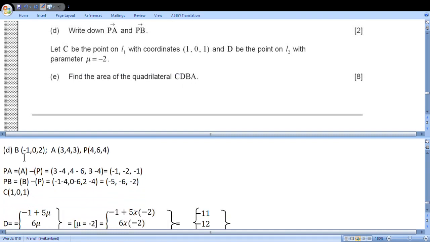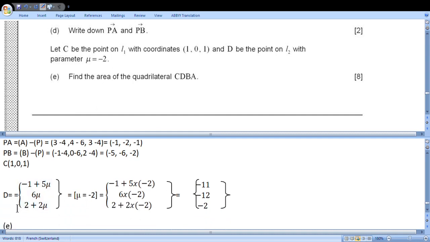So point B, point A, and point P. So PA will be A minus P, PB will be B minus P, and point C has coordinates 1, 0, 1, and point D has mu parameter minus 2, so we find also point D with parameter minus 2. Substituting, we get these expressions.